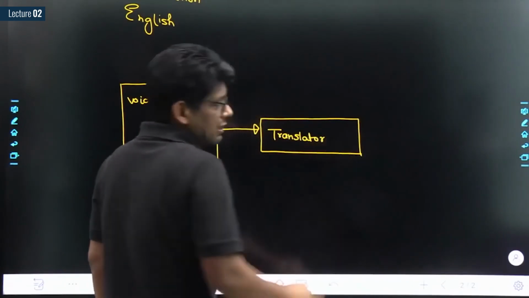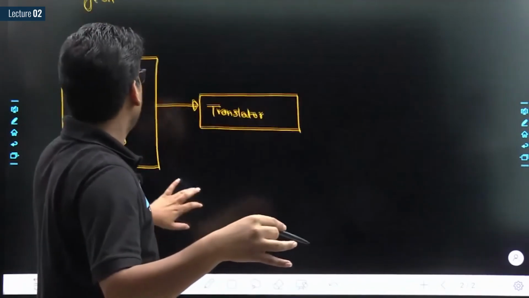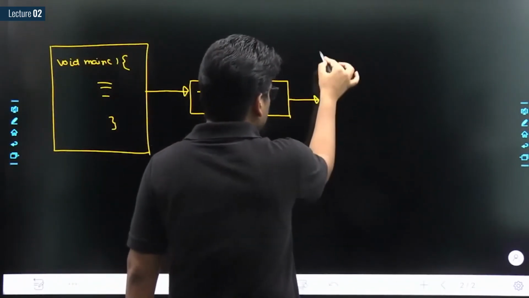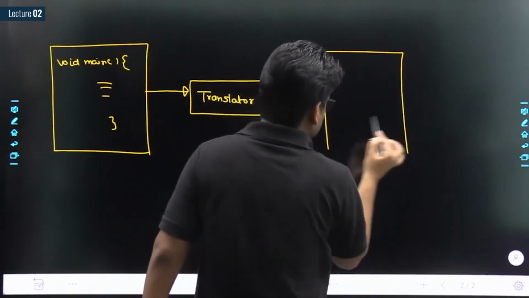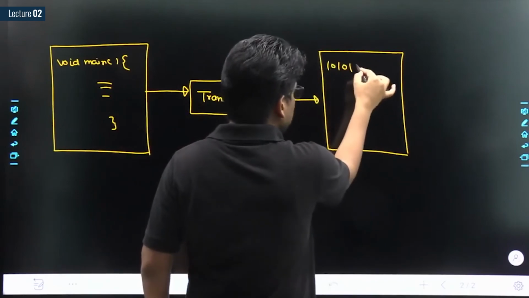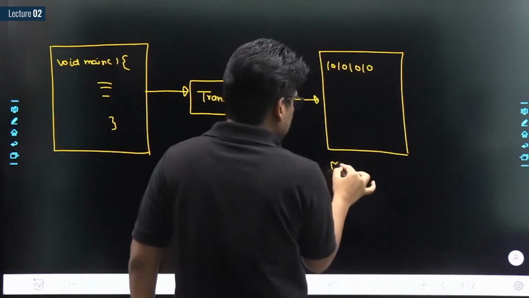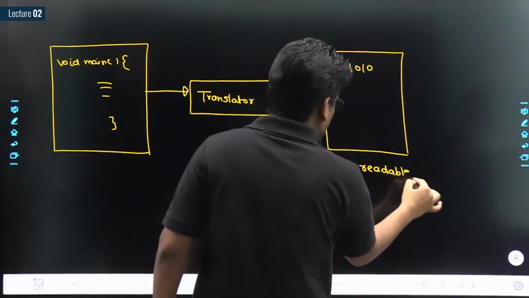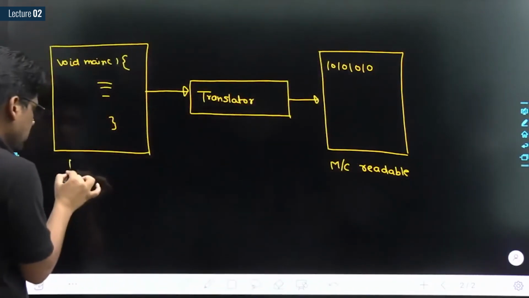The compiler itself is another program, but you will get to know that in compiler design. This will convert all the commands written in English type language into machine readable format. What is this? Machine readable. And this? This is human readable.